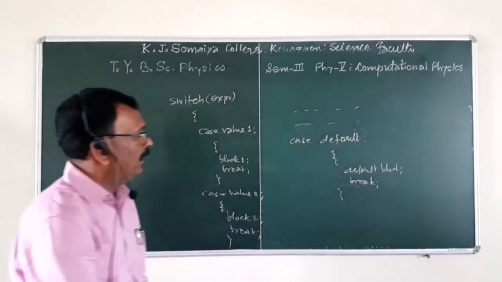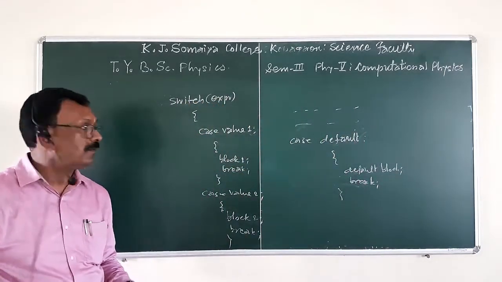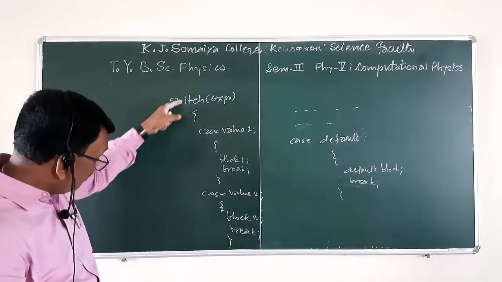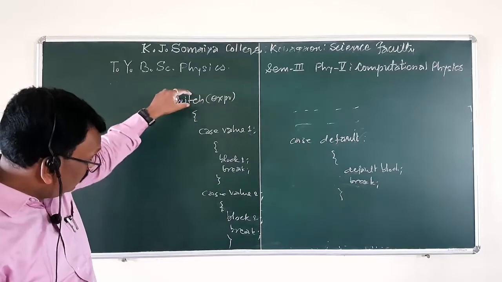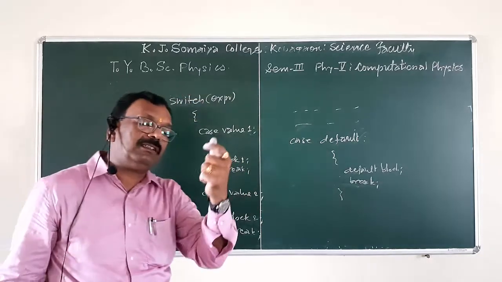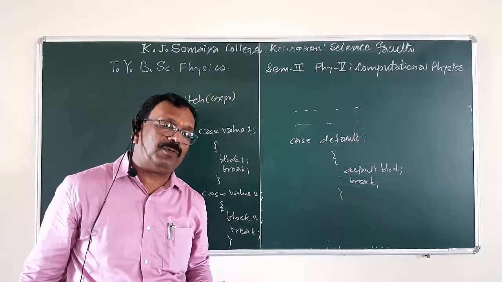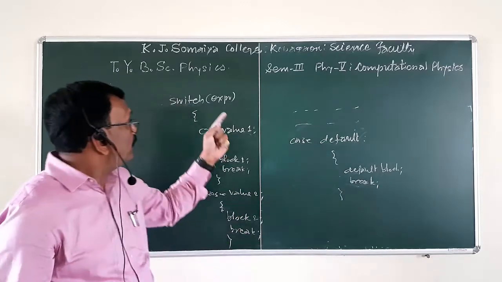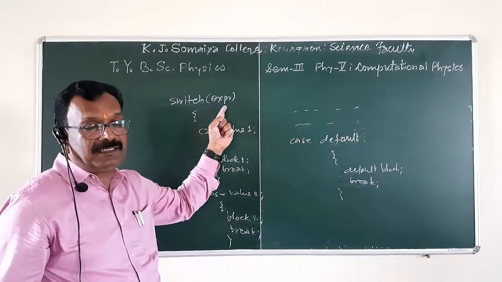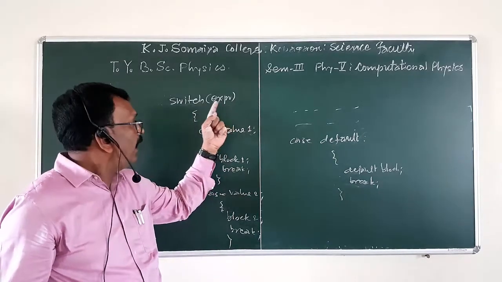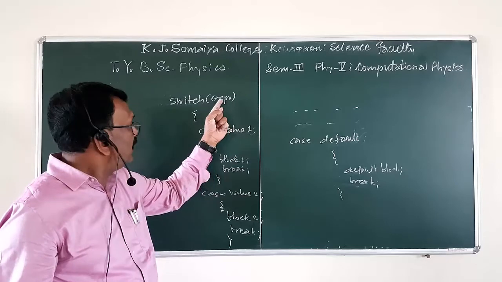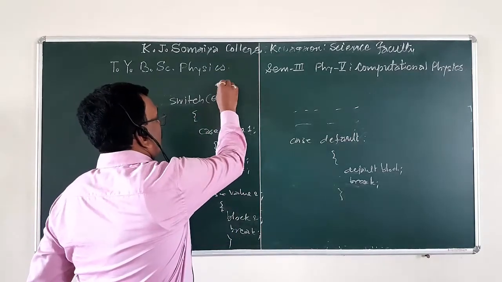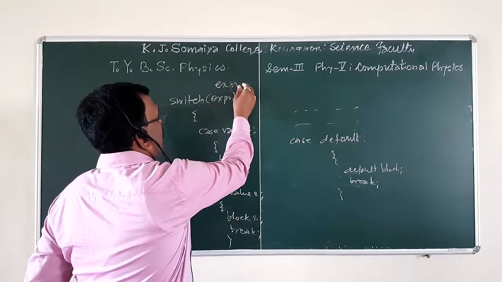Okay. See here how this statement is executed. When such a switch statement is encountered in our program, how is it executed? First, the expression is tested, and this expression is checked against every case. Suppose here the expression is 2.